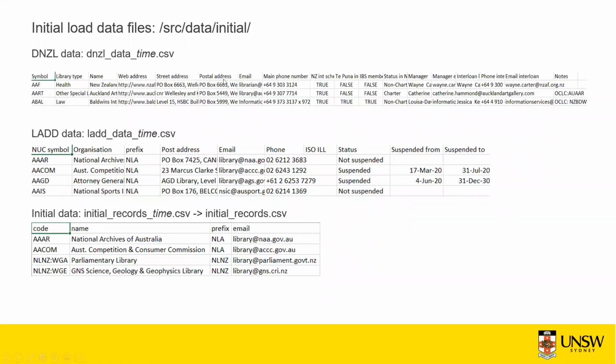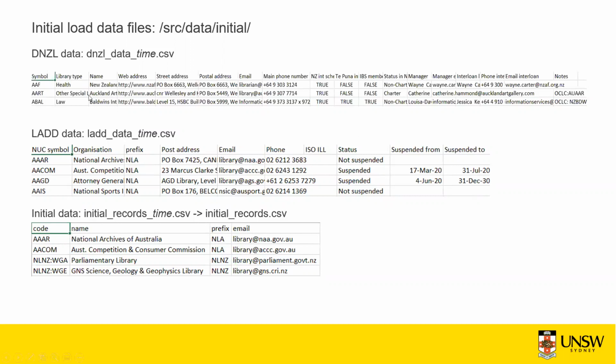Then we combine these two data files together to build our initial data file. It's going to look like this one. In our initial load, we only need the library code, library name, prefix, and the library email address.